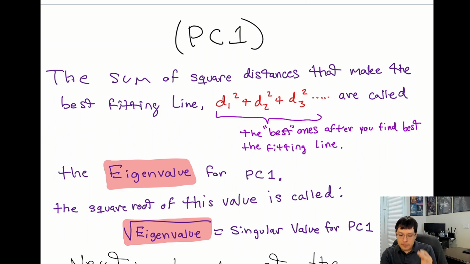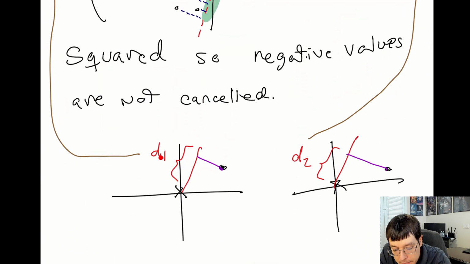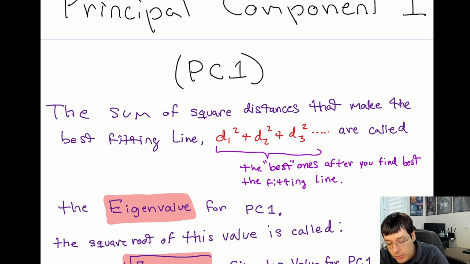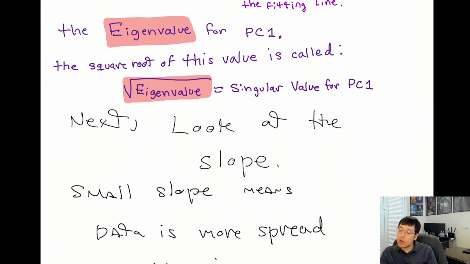So again, the distances are here. Once you've found the ideal line that maximizes these distances, that combo of numbers, D1, D2, D3, that you have n of them, n being the number of points, the number of samples, for the best fitting line, that's your eigenvalue, okay? And there's another terminology. If you take the square root of that number, so let's say D1 is 1 and D2 is 2.